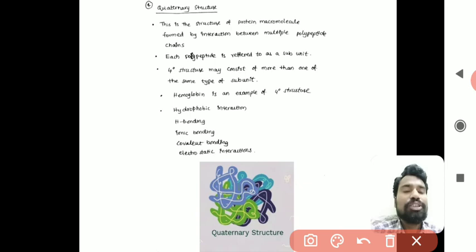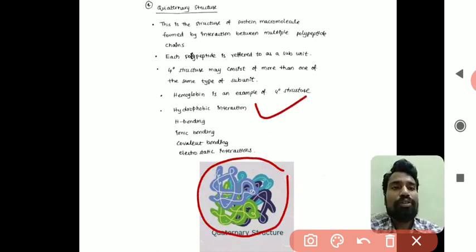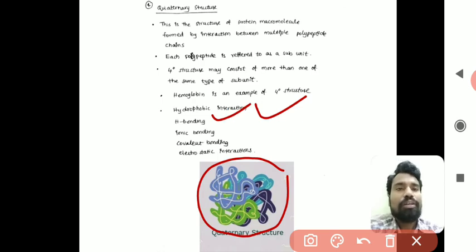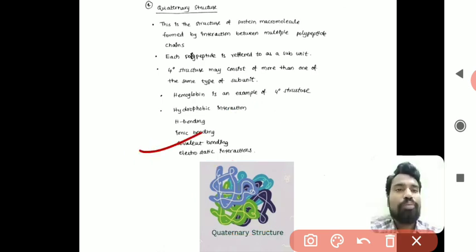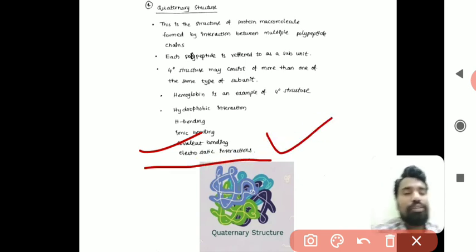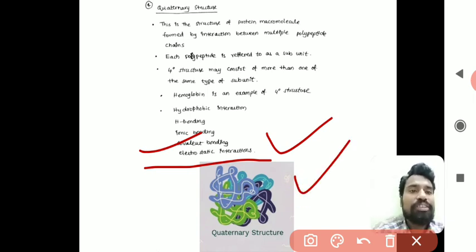These multiple polypeptides interact with hydrogen bonding, hydrophobic interactions, ionic bonding, covalent bonding, or electrostatic interactions. With these different interactions, the multiple polypeptide chains attach to each other, resulting in a complex quaternary structure. This is the quaternary structure of proteins.